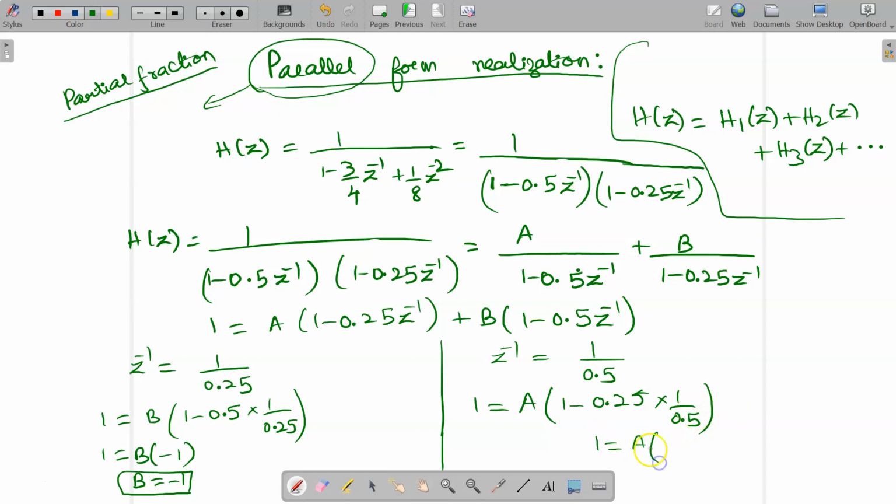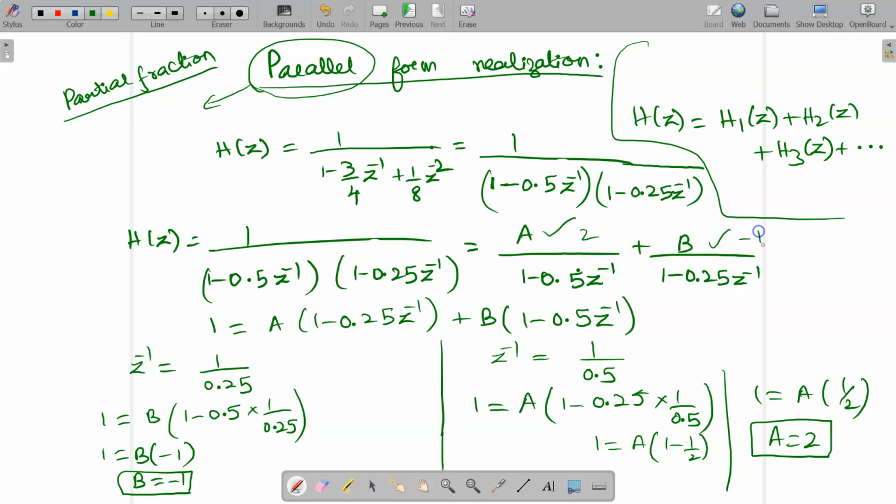So a into 1 minus 1 by 2, and 1 minus 1 by 2 is nothing but 1 by 2. So a is nothing but 2. So we have determined a value as 2 and b value as minus 1. So we can substitute in this term and find out what is h of z.